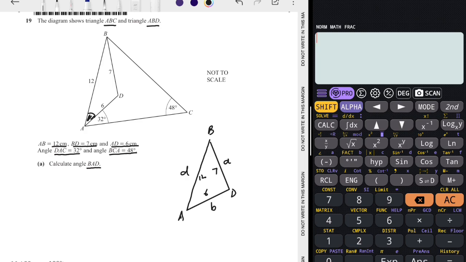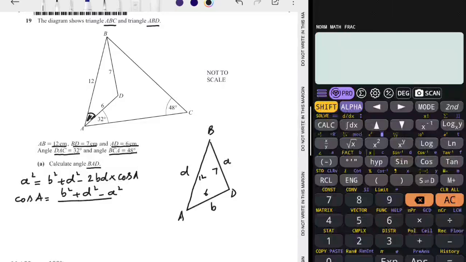So the formula would be square of A is equal to square of B plus square of D minus 2 into BD into cos A. So this formula can also be written as cos A is equal to B square plus D square minus A square divided by 2BD.